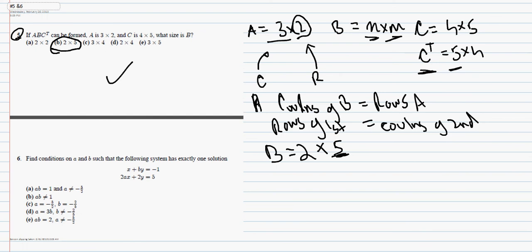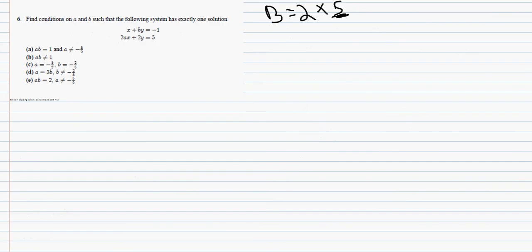Now moving on. For question 6, we're given the question. It asks: find conditions on A and B so that the system has only one solution. When I start this question, what does one solution actually mean?